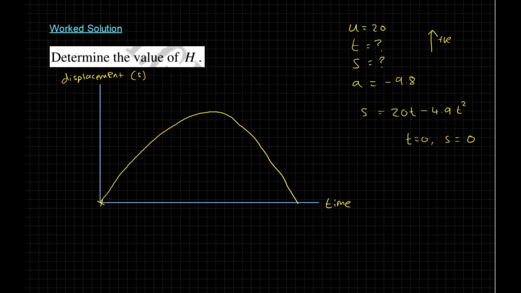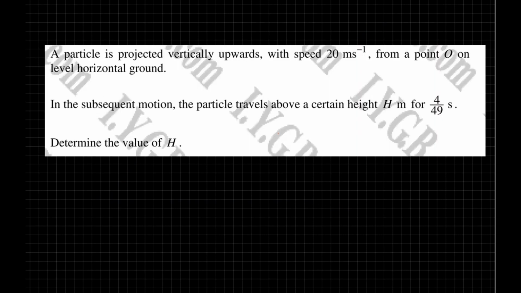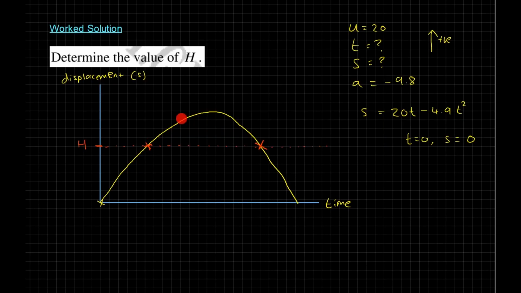Now here's the thing. There's a height h somewhere on this displacement axis, let's call that h there. If I mark h like that, then what the question's telling us is that between those two red x's I've marked, the time that it spends on this yellow part is 4/49 seconds.